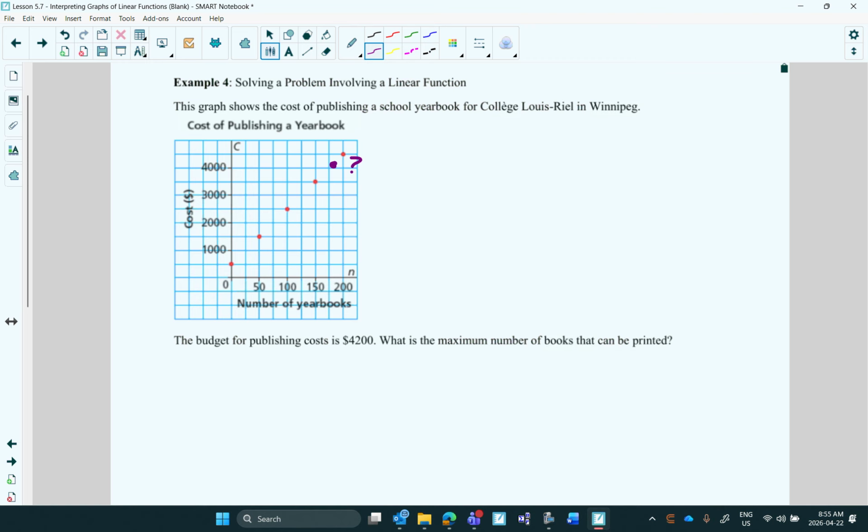So what we have to do is make the equation and then use algebra.